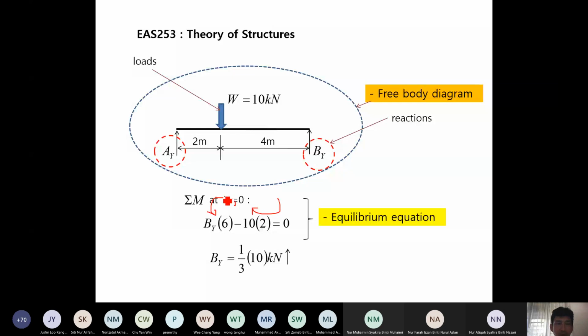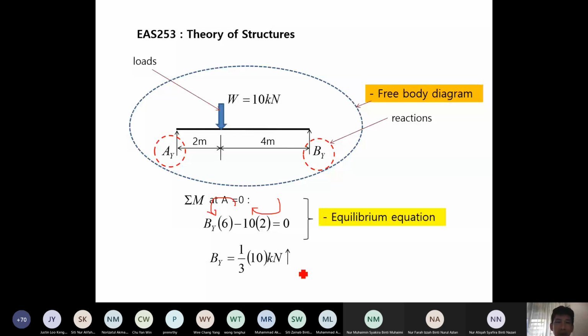If you don't like this, you can also consider this as negative, but then the other must be positive. The answer will be the same. Whether you consider clockwise as negative or anti-clockwise as negative is up to you, but you must consider the sign consistently and correctly. Here I consider anti-clockwise positive, so the clockwise becomes negative. So you get the answer, By is equal to 10 over 3.